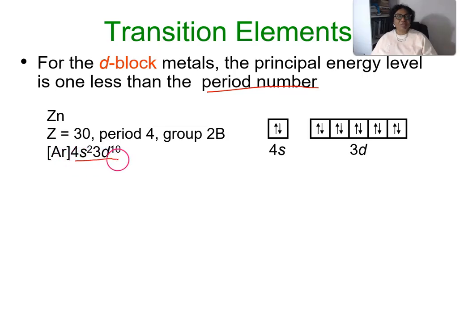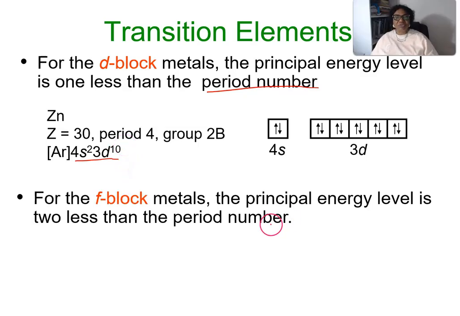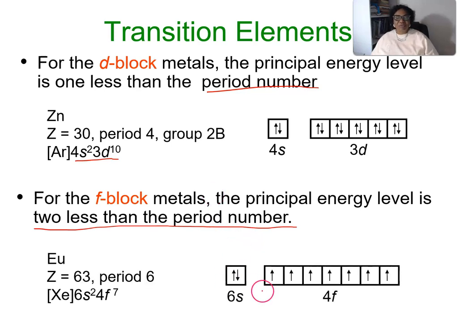So you fill the 4s before you fill the 3d, because of the penetrating power. So for f block metal, the principal energy level is 2 less than the period number. So for example, we have the element Eu has atomic number 63, it's in period 6, but its f electrons are 4f. That's what we mean.